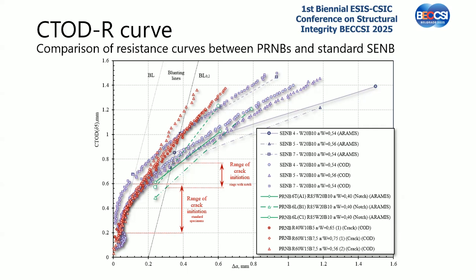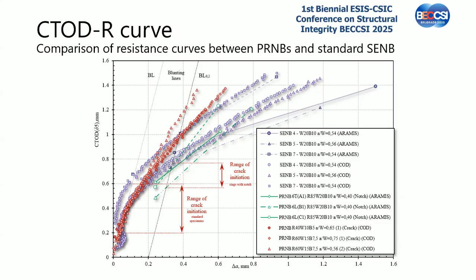So one can say that for all these results, here you have the blunting line, and you have the 0.2 offset of the blunting line, and the value which is relevant for fracture toughness measurement, like the J-integral parameter, is actually this.